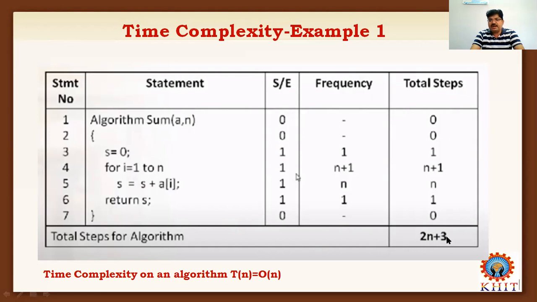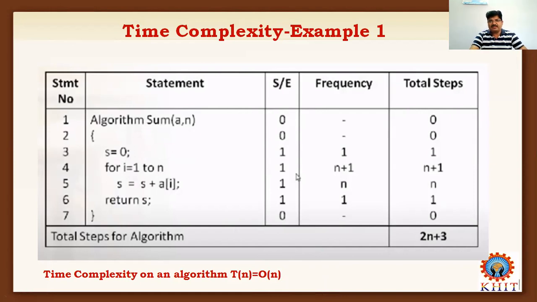When you neglect the constant values, only n is left. So the final complexity of the given algorithm is order of n. T of n equals order of n. So friends, in this way we can calculate the time complexity of any algorithm.